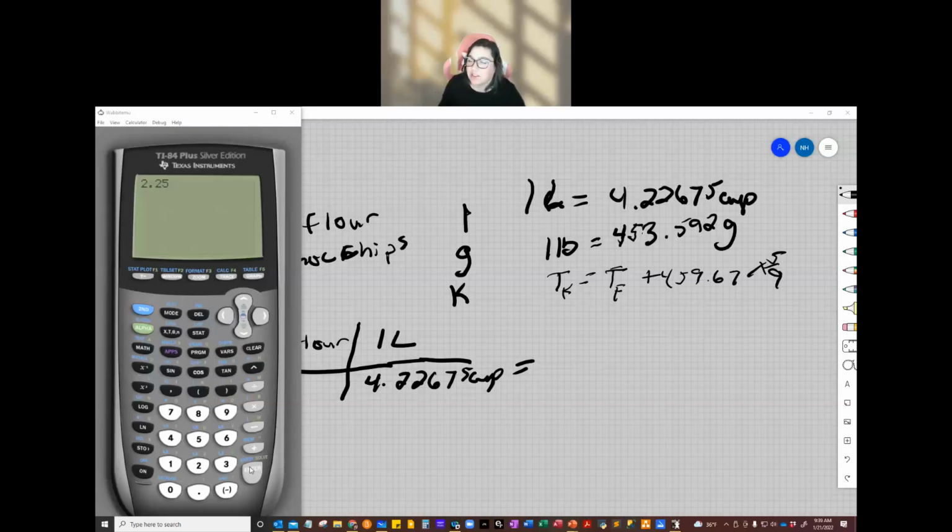Sorry, bear with me just a second. I apologize. So now you should be able to see the calculator that I'm using. 2.25, and then I'm going to divide that by 4.2267, and that gives me 0.53. Okay, awesome.